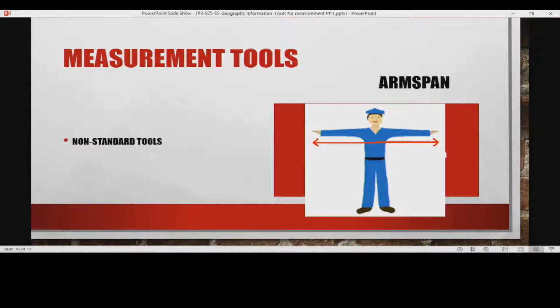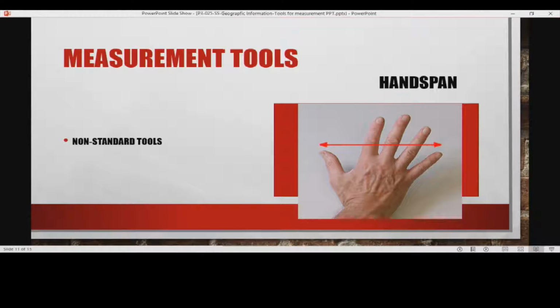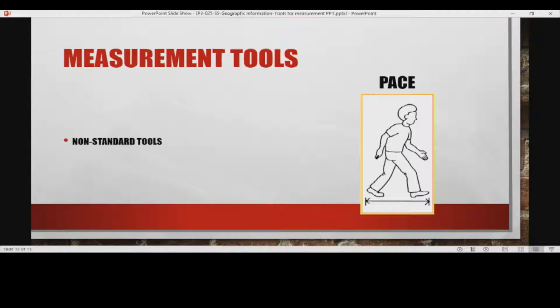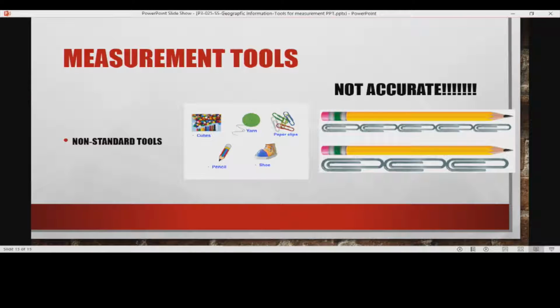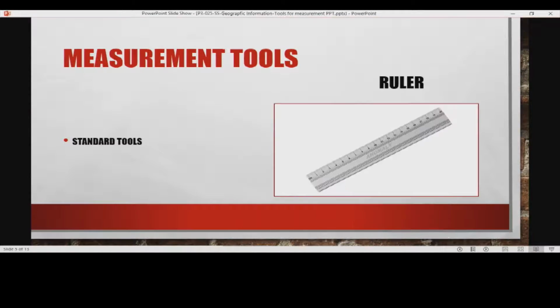And ones we've looked at already, arm span, hand span, pace. Are these accurate? No, these are what we call not accurate. And why are they not accurate? Everybody is different. So one more time, guys, let's have a look at the accurate ones.